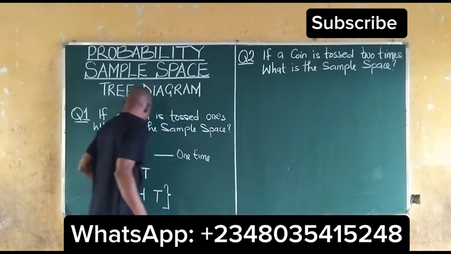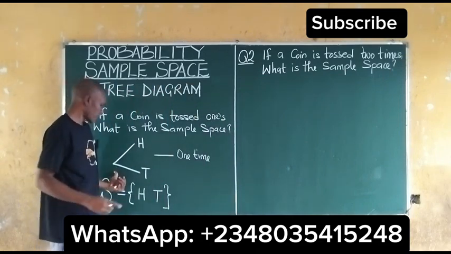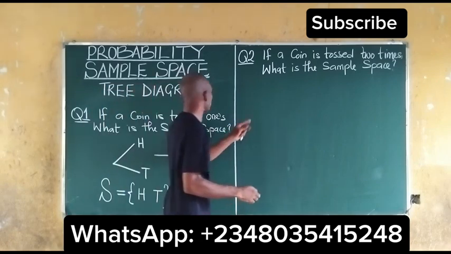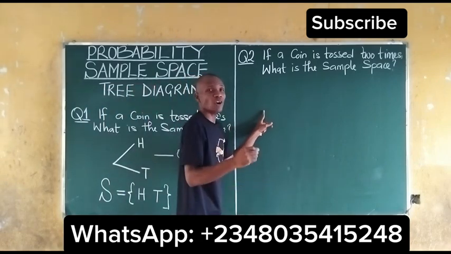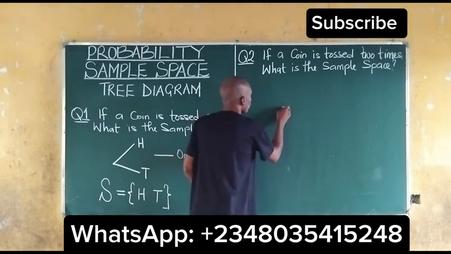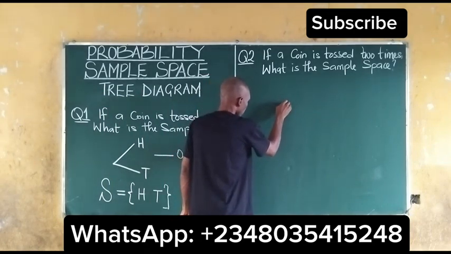Now for this, we have a coin that is tossed once, while for this, we have a coin that will be tossed two times. So this is the tree diagram.